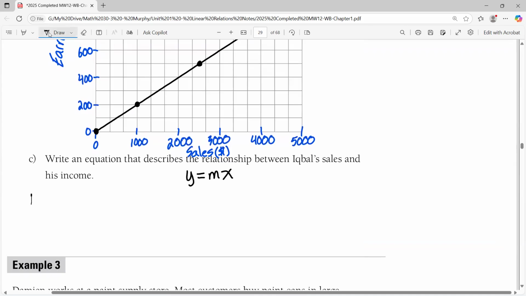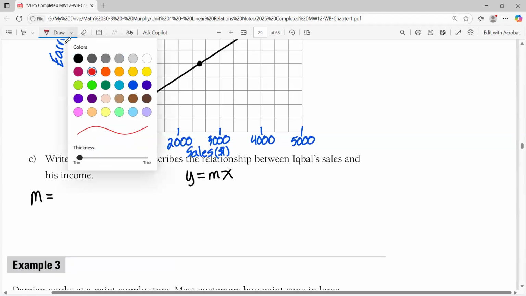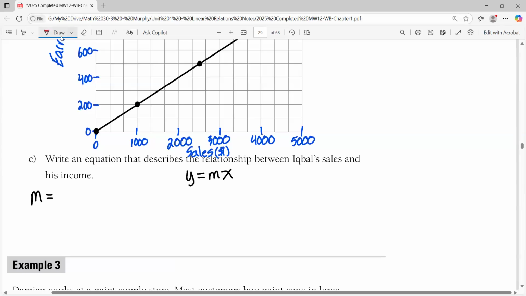And m, which is our slope, is our rise over run. So for us, we'll use the simplest one. We'll go to here. Our rise is 200. And our run is 1,000. So 200 divided by 1,000.